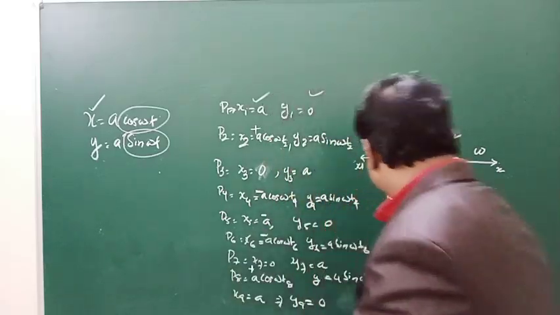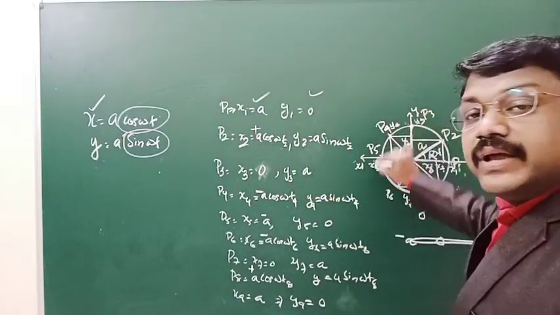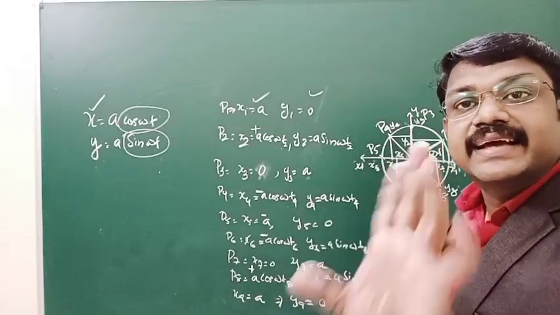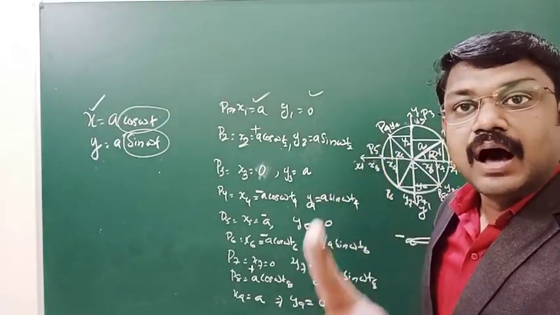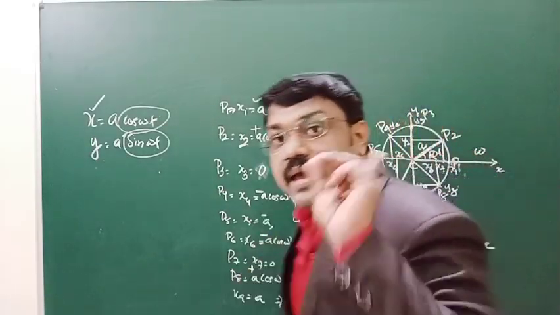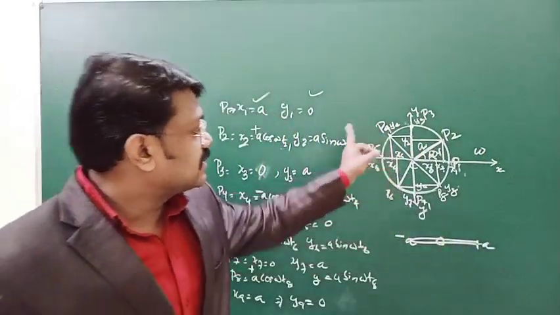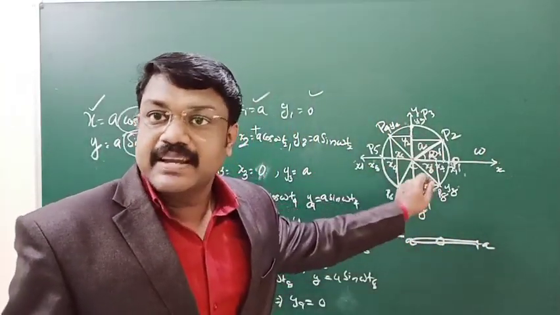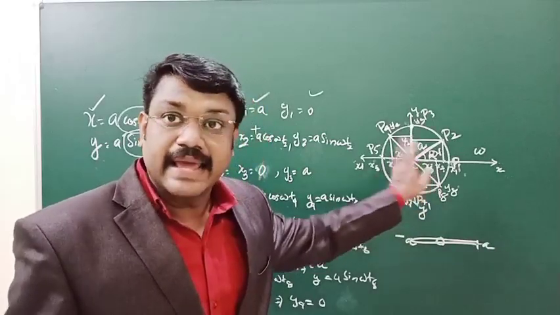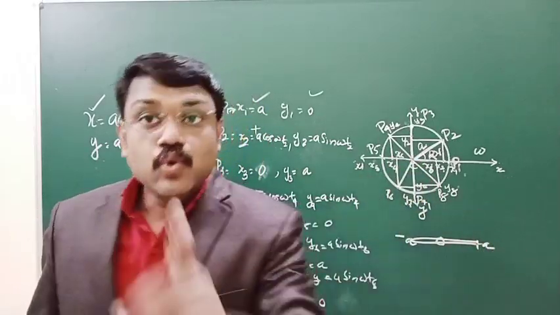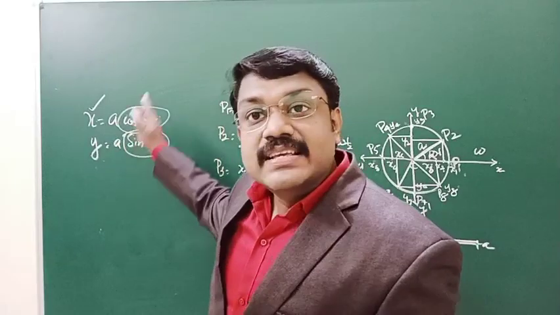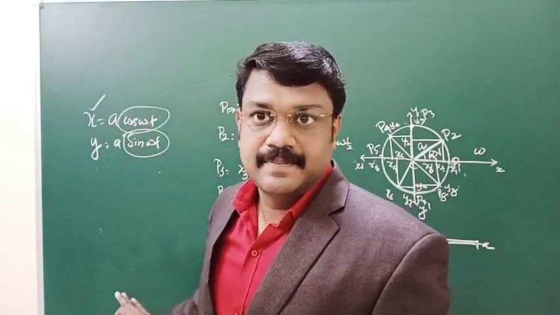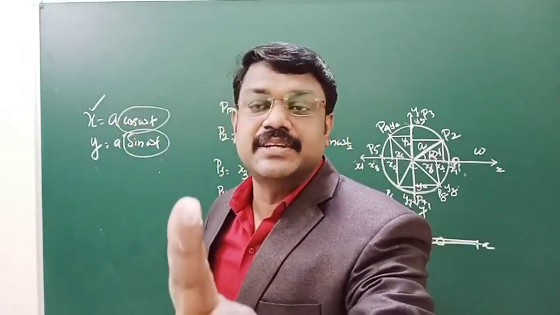We can say that circular motion is an example of simple harmonic motion. Why? Because for the movement of a particle along the circumference, the displacement along the x and y directions can be expressed in terms of simple harmonic functions. That is the definition of a simple harmonic motion.